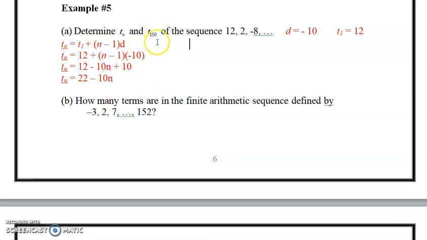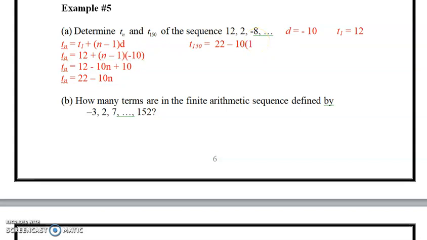The next thing it asks for is the 150th term, so we'll replace n with 150, because that means that n is 150. If you have the 150th term, that means the nth term is going to be 150 because you're looking for the value of the 150th term. So I'll just use my simplified formula, which is 22 minus 10n.